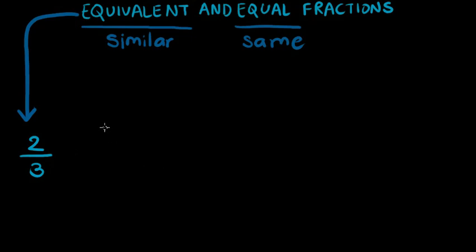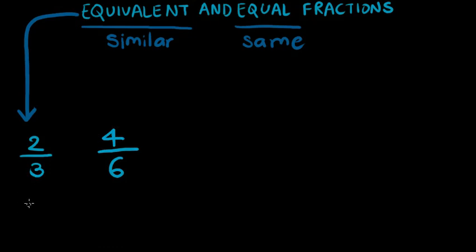It needs to have a different numerator and a different denominator. So for example, I have 4 upon 6 over here.